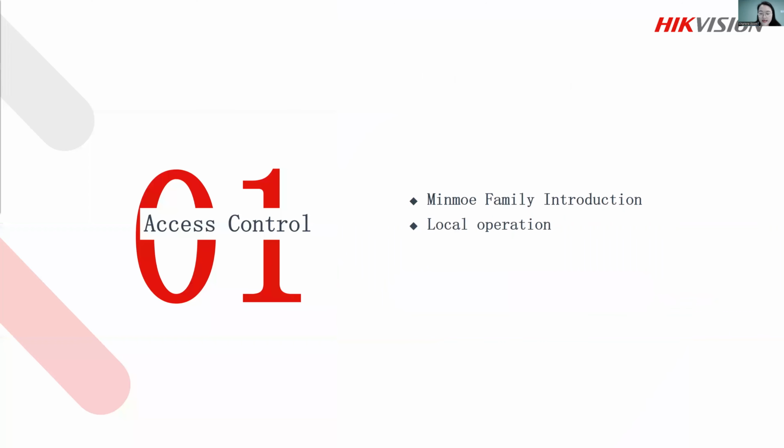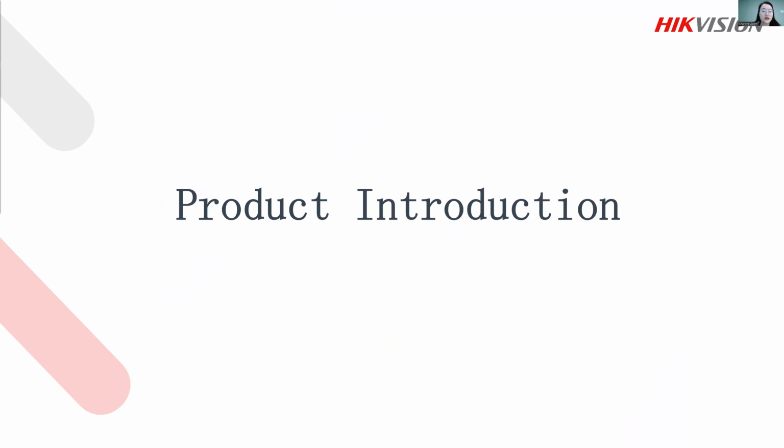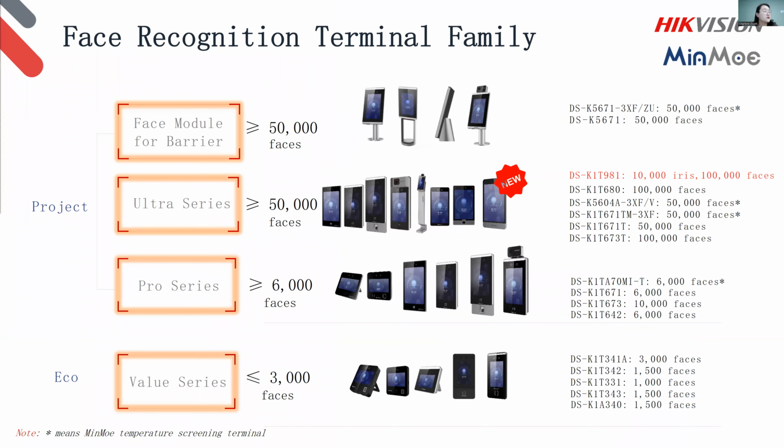For access control, not only do we have our MIMO family, we also have the controller, card reader, card, exit button, and the locks. Here we would like to introduce our MIMO products, because we can treat it as a terminal, like the controller, and we can also treat it as a reader.